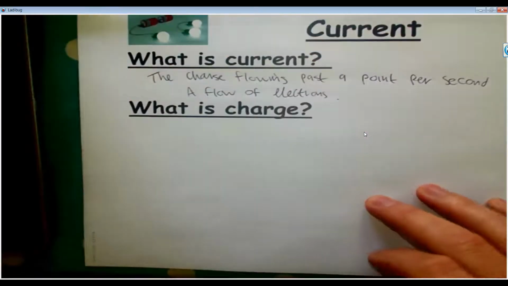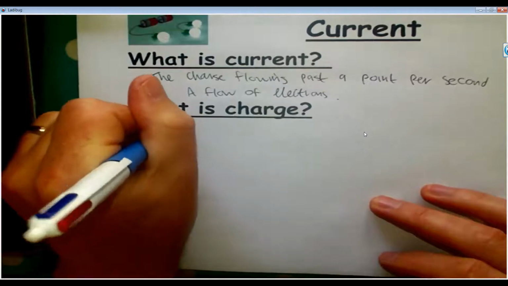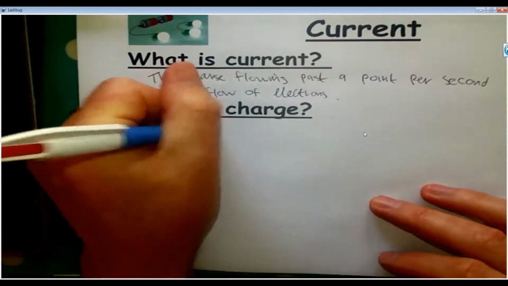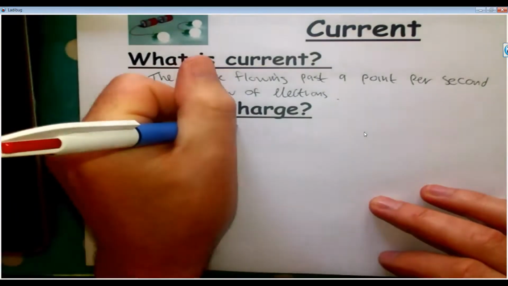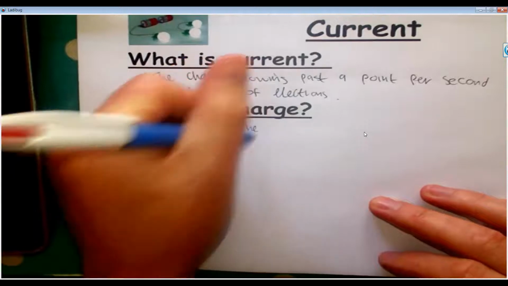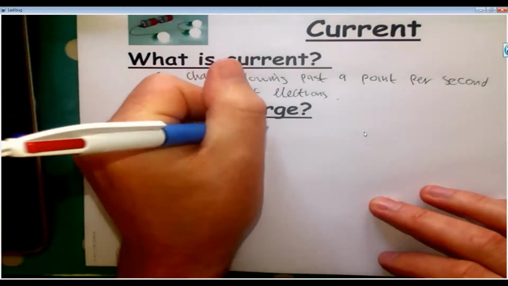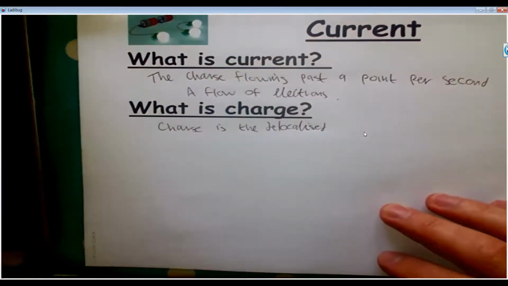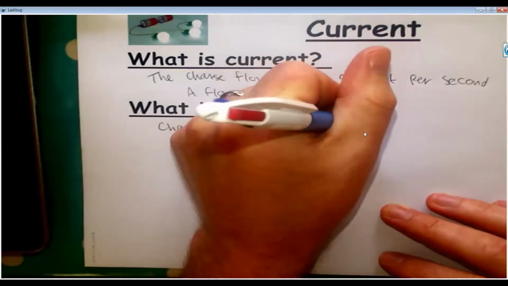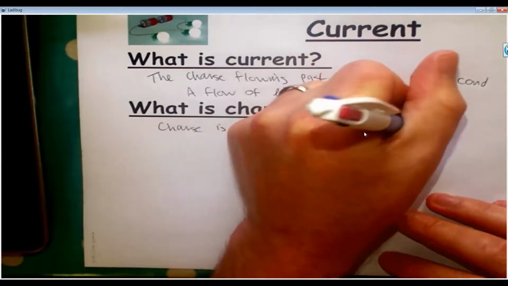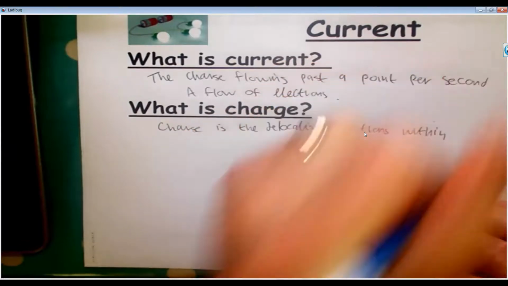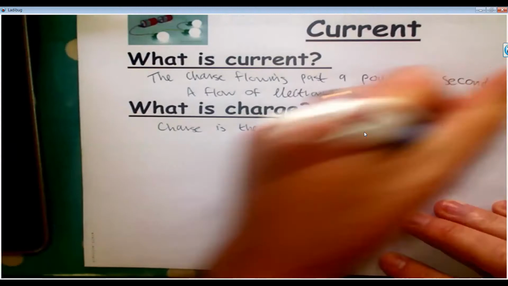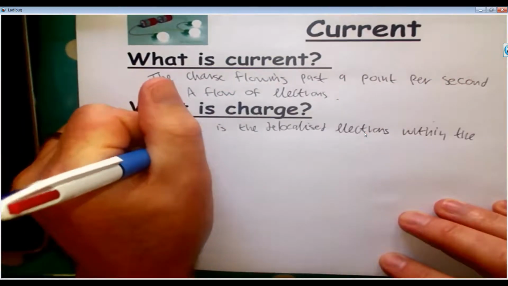So what is charge? Charge is the delocalized electrons within the metal.